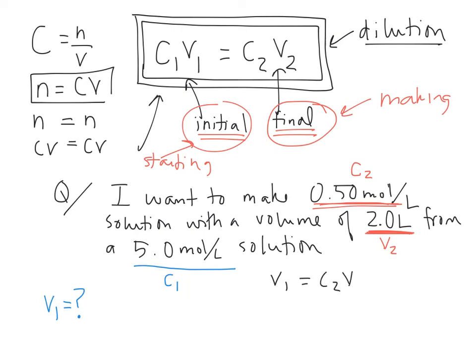V1 is going to be C2 V2 over C1. Notice for a second, I've given you the volume here in liters. I could have given it to you in mLs. Oops, did you notice that I made a mistake? Why didn't anyone stop me? Down here, let me see if this eraser works. There we go.